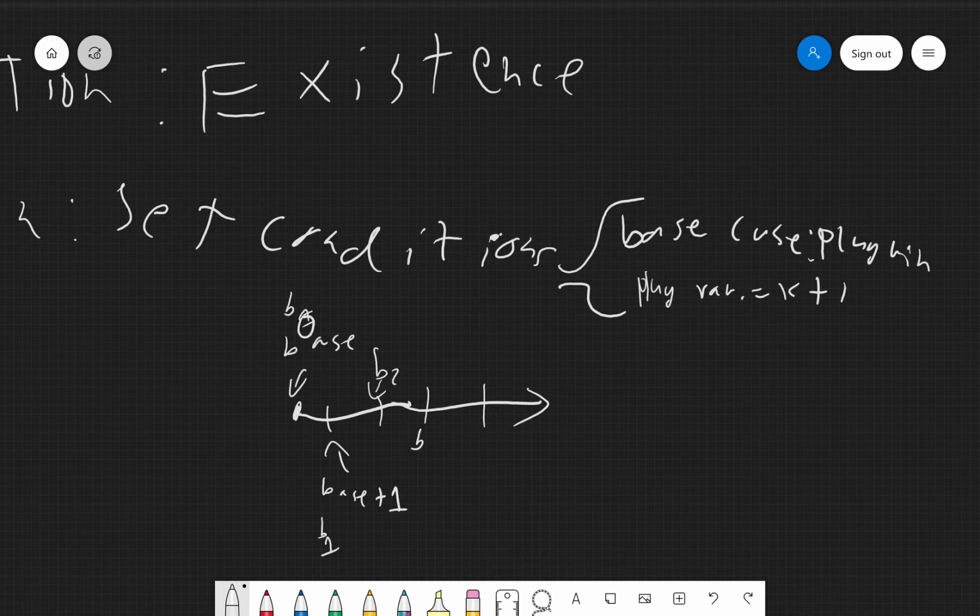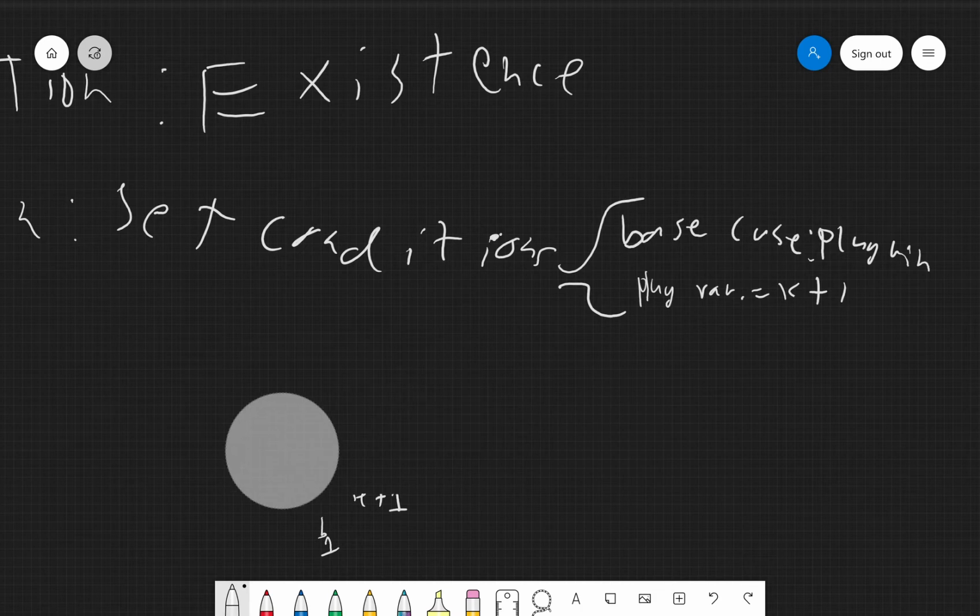This is B2 plus 1, this is B3 plus 1, and so on. So you notice that if it's true for the base case and it's true for k plus 1, then you can do this plus 1, you get this. If it's true for this, you can do that plus 1, you get B2. If that's true, you can plug in k plus 1, you get B3. You keep doing that, and it just goes to infinity, and that means it'll be true for everything from the base to infinity.